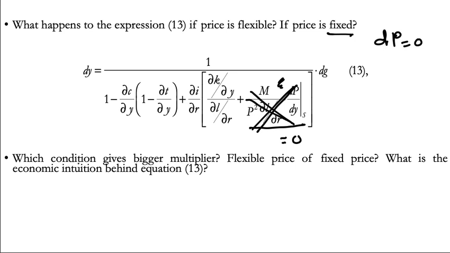So which condition gives a bigger multiplier? Is it the one with flexible price or the one with fixed price? Obviously, when the price is fixed, this term doesn't exist, and therefore mathematically the multiplier will be bigger for the fixed price case. However, what is the economic intuition behind equation 13?